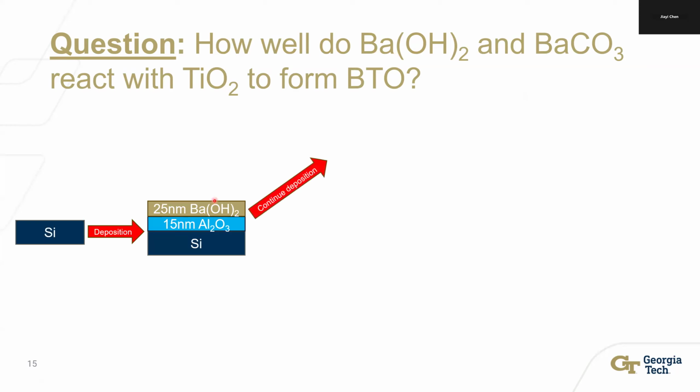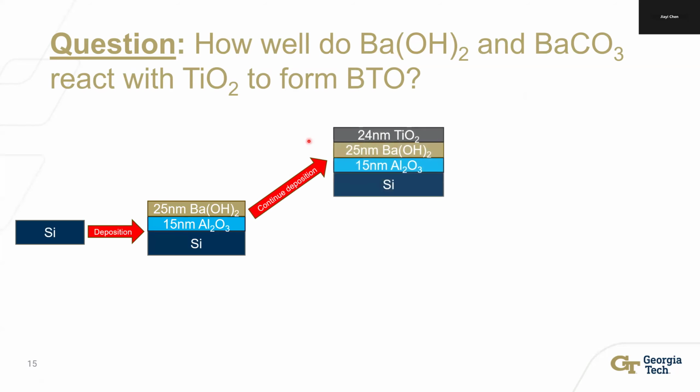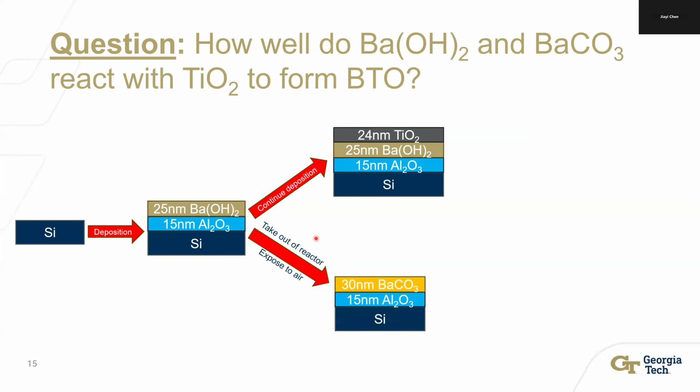After this structure, we continue our deposition and in situ continue to deposit a layer of titanium oxide. Or we can take this structure out of the reactor and expose it to air for several days, just like what we did in the previous 3 slides. And after several days, it will completely become barium carbonate.